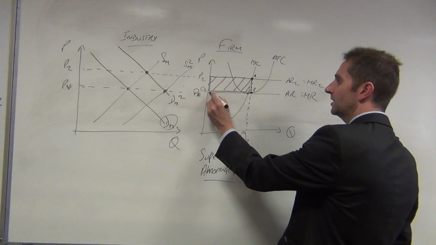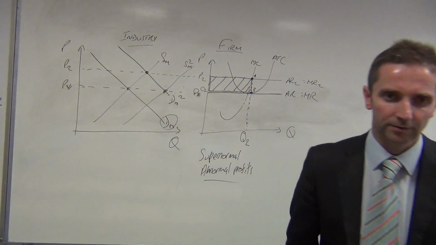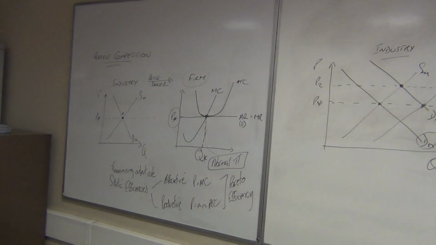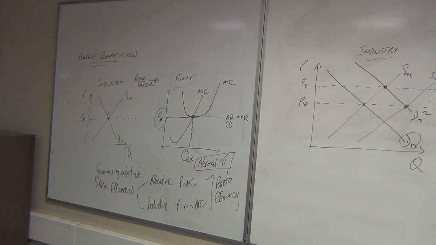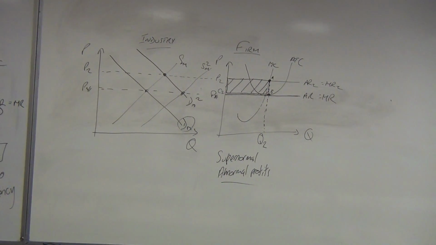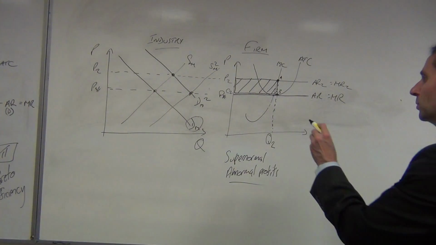But you would still end up back at your long run equilibrium position where, if I just flick back to the previous board, if you can see it, you'd end up back in this position on the original diagram that we looked at, the long run equilibrium, whereas this position here is our short run equilibrium position where we're making abnormal profits.